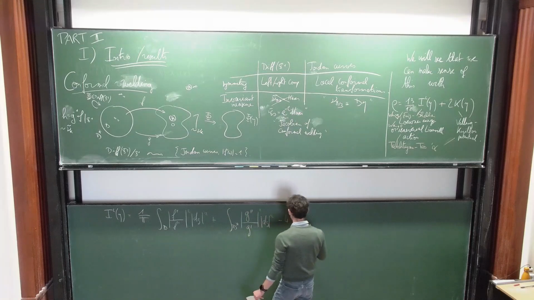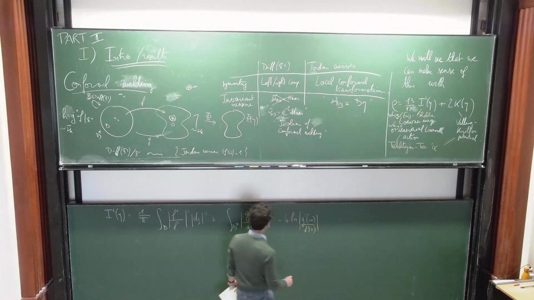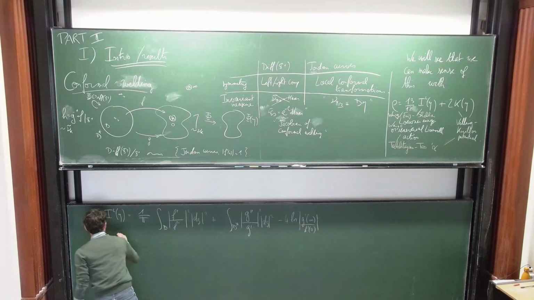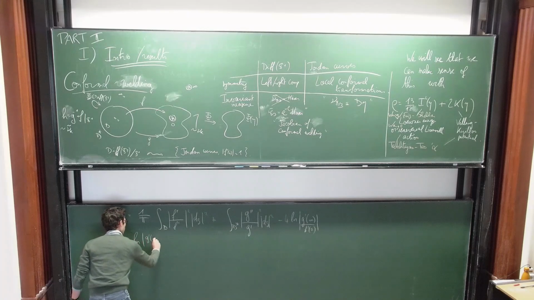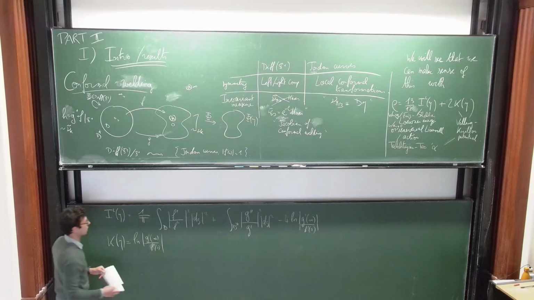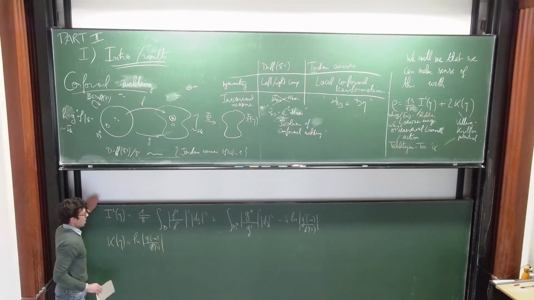Minus 4 log of g prime of infinity over f prime of 0. And K of beta is actually this log thing: K of beta is log of g prime of infinity over f prime of 0. I think it's also called the logarithmic capacity in some other literature.